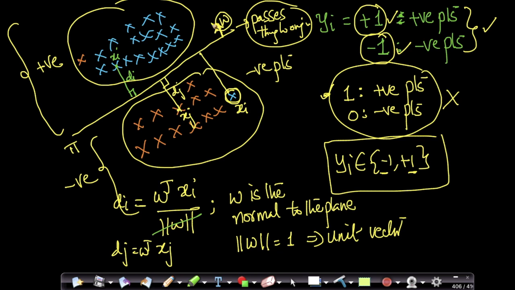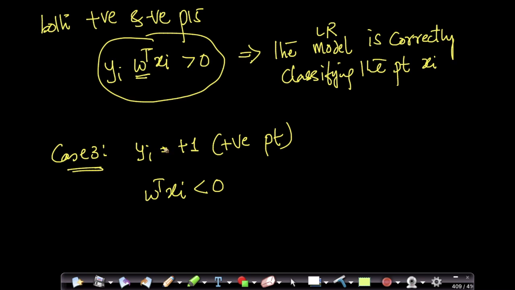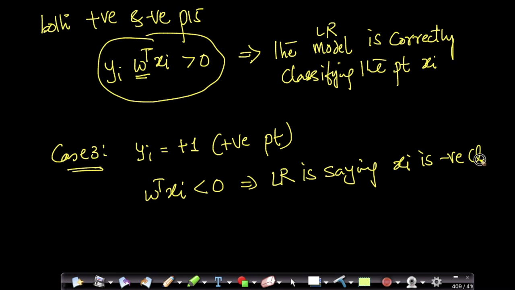Since this is in the opposite direction of w, when I do w transpose xi with this xi, I'll get a negative value. So if my point is positive, what is this saying? This says my logistic regression is saying that my point xi is negative class.